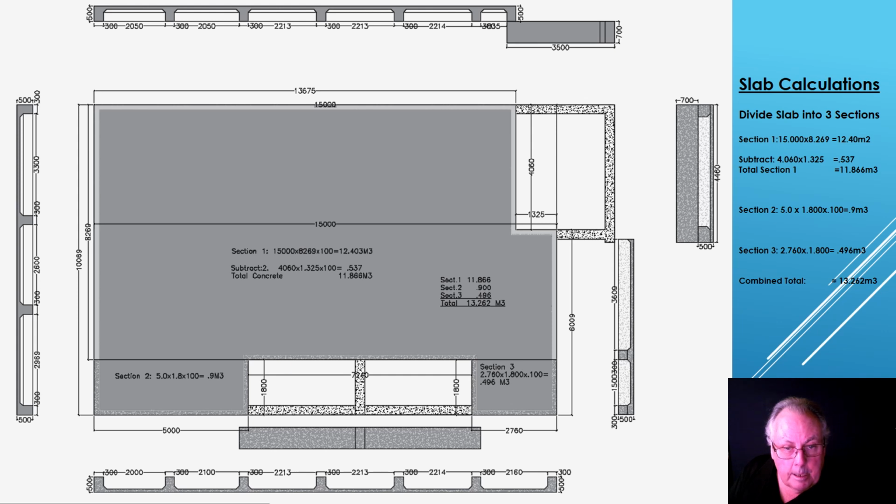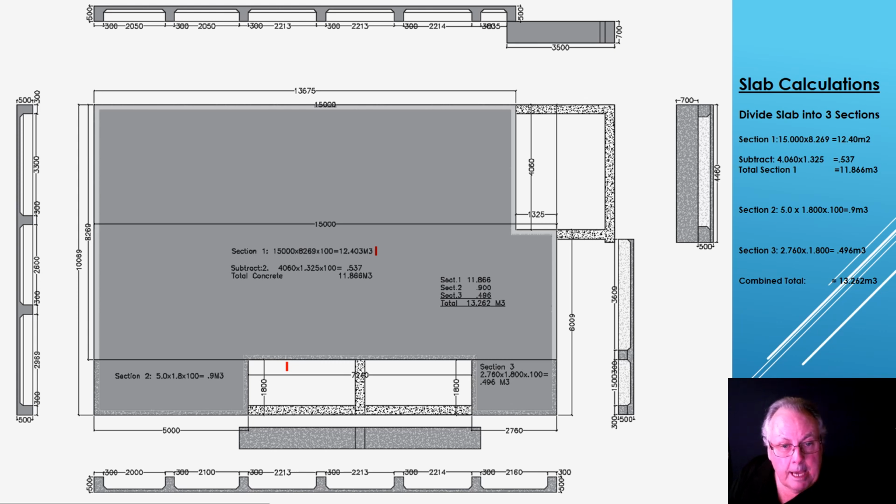So here's the formula: 15 meters by 8269, and I'm putting the cubic meter rate there straight away. The slab is 100 mil thick, and we have 12.40, or 403 cubic meters of concrete. Now we need to subtract this little point here. 4 meters 60 times 1.325 by 100 is 0.537 of a cubic meter.